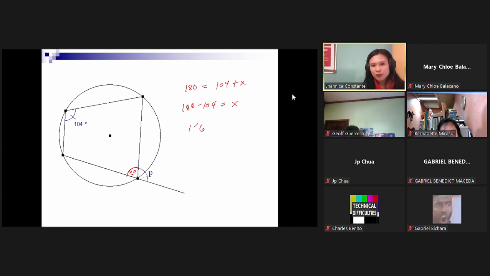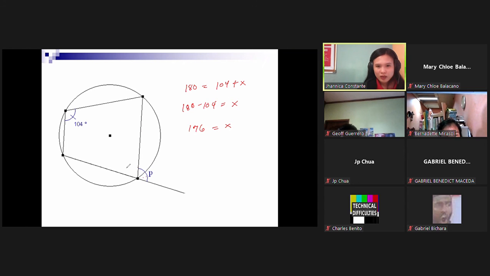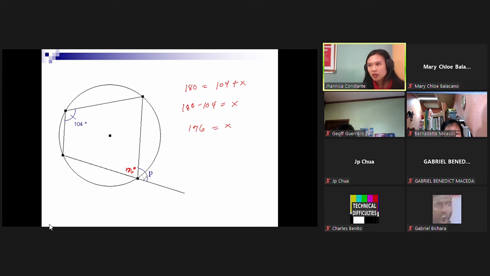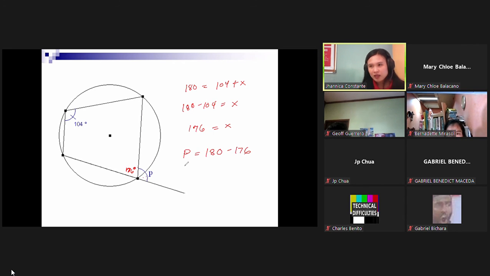So we have 176 for this angle. The measurement of this angle opposite to 104 is equal to 176. So kung 176 is the measurement of this angle, to find the measurement of your reflex angle outside of your quadrilateral, P is equal to 180 minus 176.